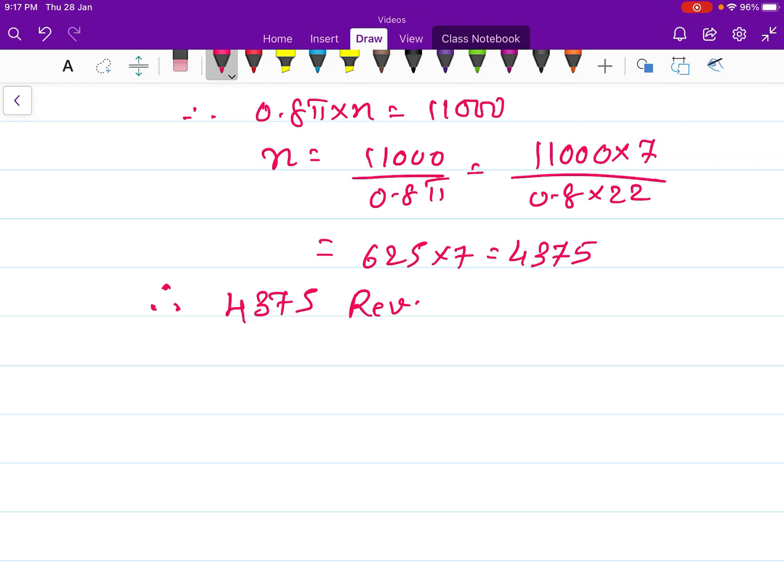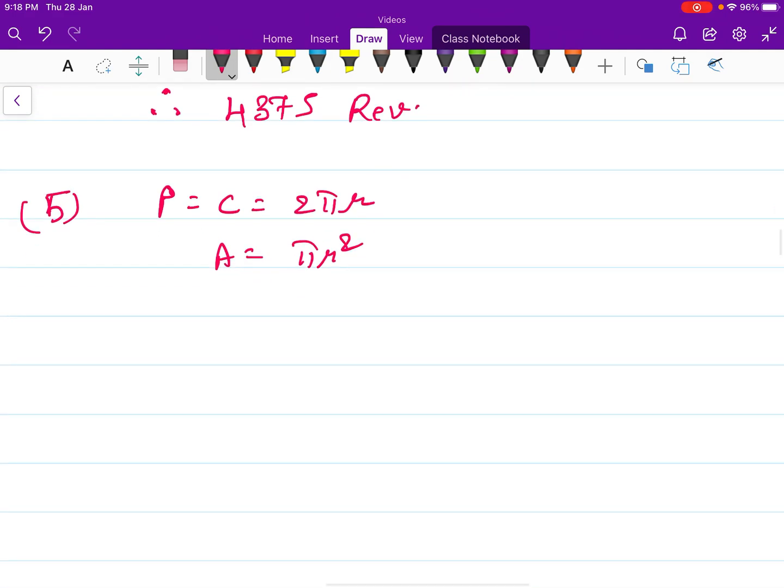Now let us do the fifth sum. Choose the correct option: if the perimeter and the area of a circle are numerically equal, then the radius of the circle is... Suppose the perimeter, that is the circumference, is equal to 2 pi r and the area is equal to pi r square. They said they are numerically equal.